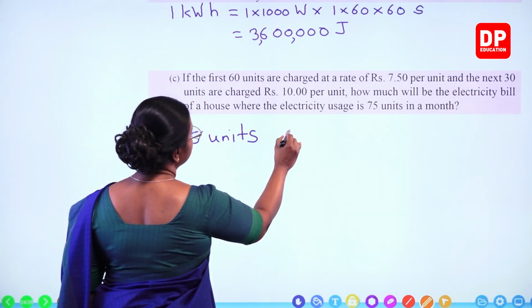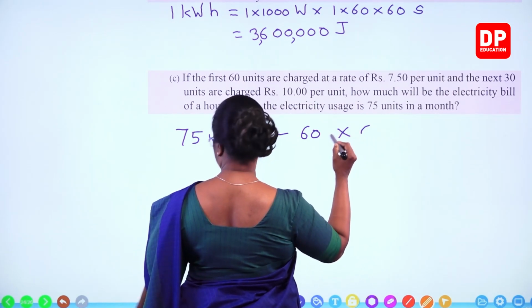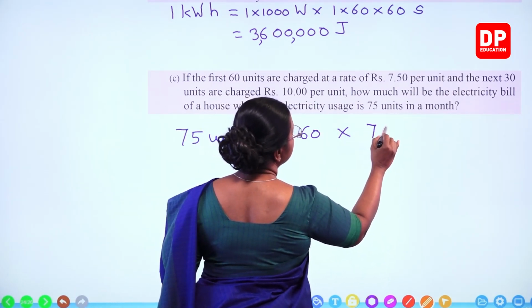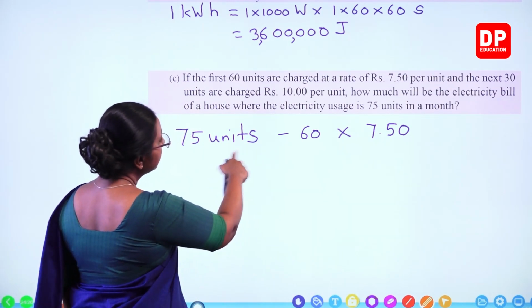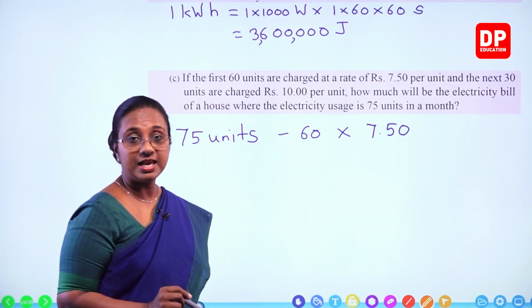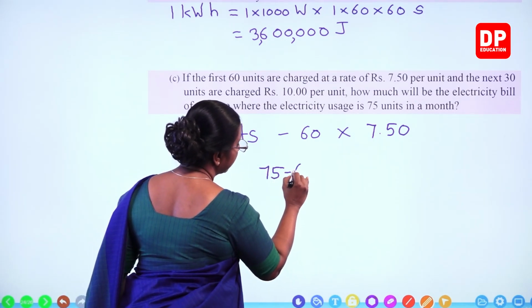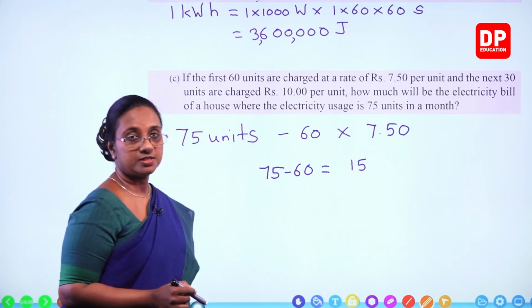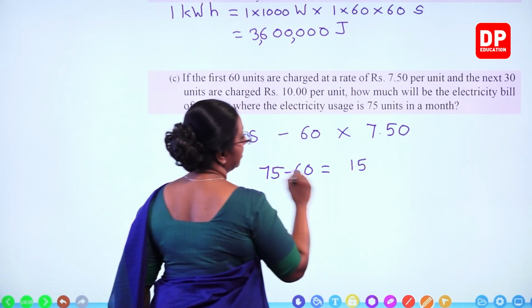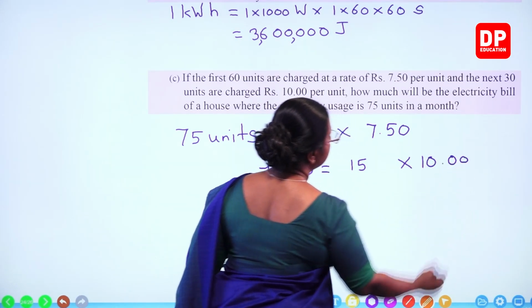Out of that, the first 60 units are charged at a rate of 7.5 per unit. Then thereafter you have 75 minus 60, that is going to be only 15 units. So these 15 units are going to be charged at rupees 10 per unit.